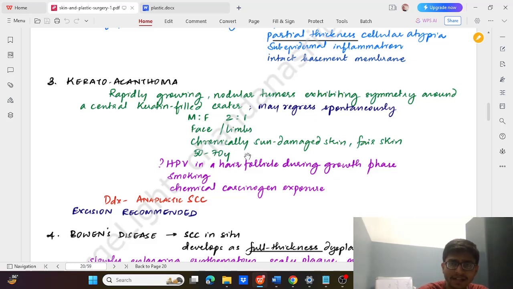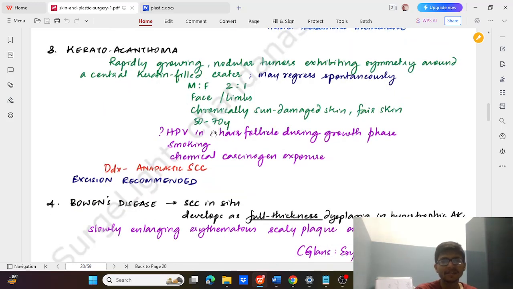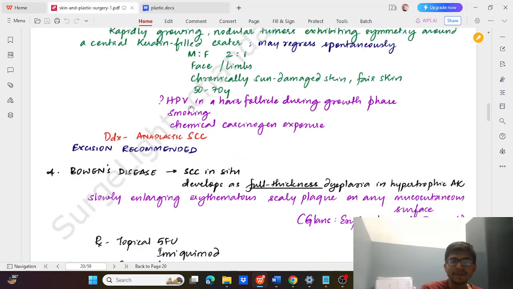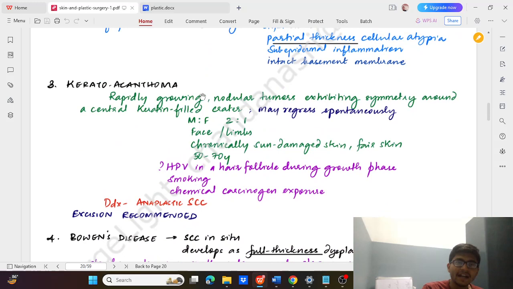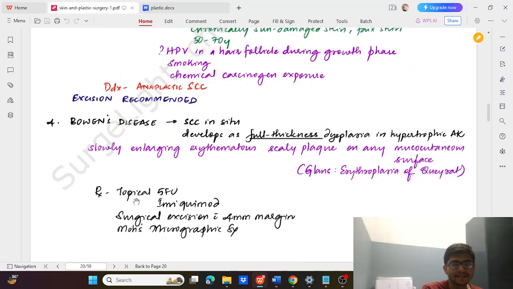Face and limbs are commonly involved. It is seen in chronically sun damaged, fair skin areas, commonly in the 50 to 70 years age group. HPV in the hair follicle during the growth phase is seen. Smoking and chemical carcinogen exposure are associated. The differential is an anaplastic SCC and it is recommended to get it excised.